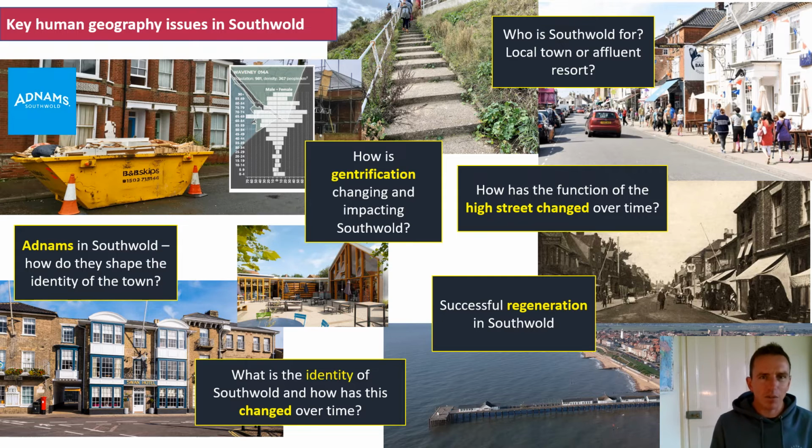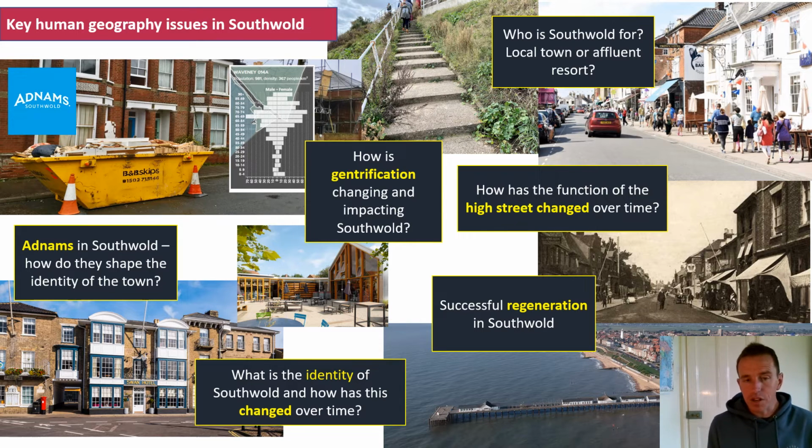We've got a real asset which I'll talk about a bit later, which a number of you will be able to tap into. It's a website called Southwold and Son, which has been put together over a number of years and is essentially a big archive of historical information about Southwold streets and how individual properties have changed their function and their ownership over time.